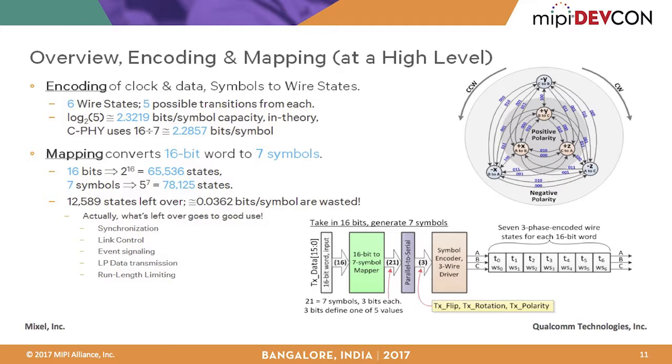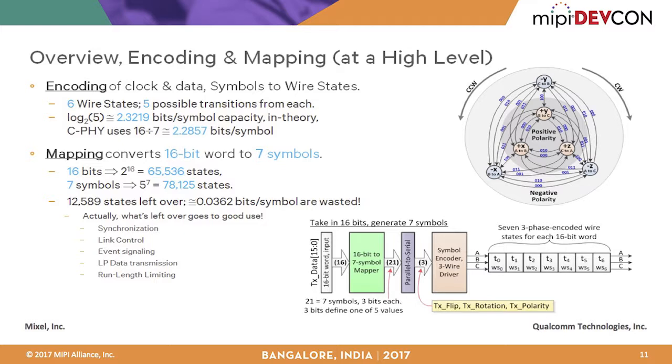Log 4 is 2, PAM8, log 8 is 3. In this case, it's log 5, which gives you the theoretical limit. Now, what we really end up using is 2.28 because you're really going from 16 digital bits to 7 symbols. So that gives you that ratio.